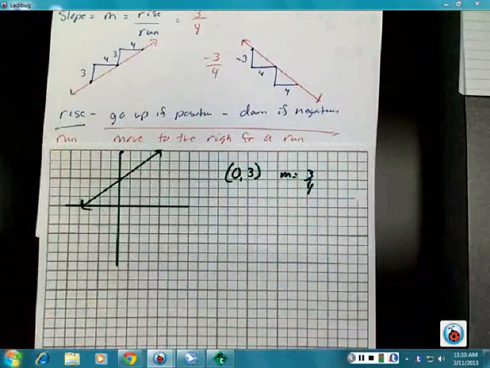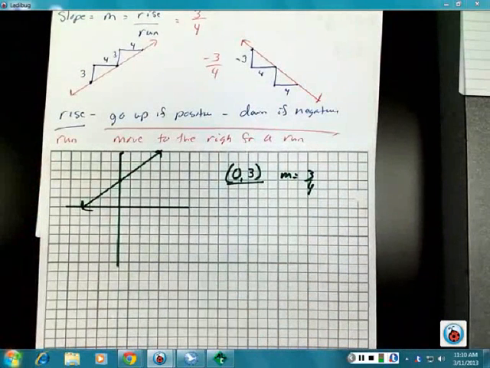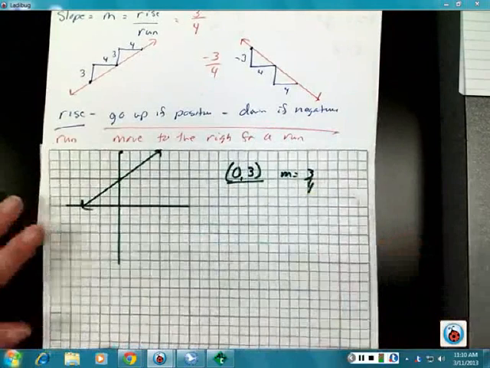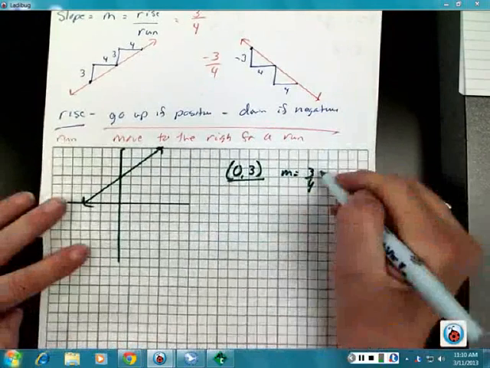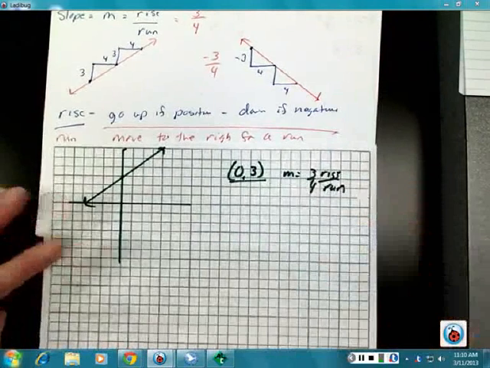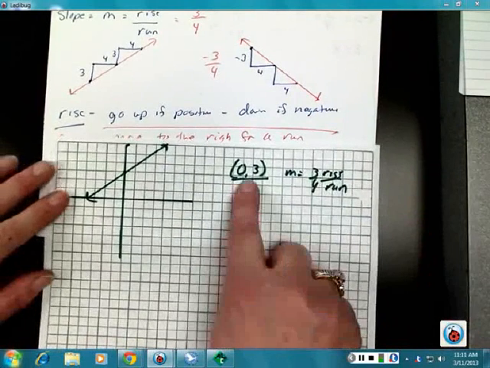All I had to do was use what I learned from 4.1 when I located points, then used my rise in the top over my run in the bottom, and I was able to plot my graph of what that would look like. And what was this point? Remember?